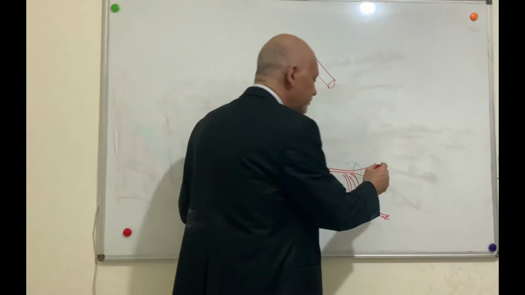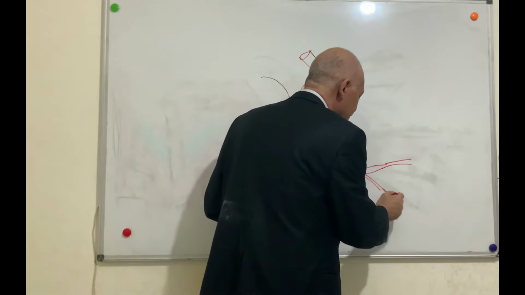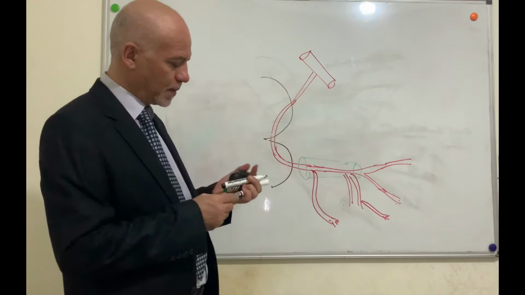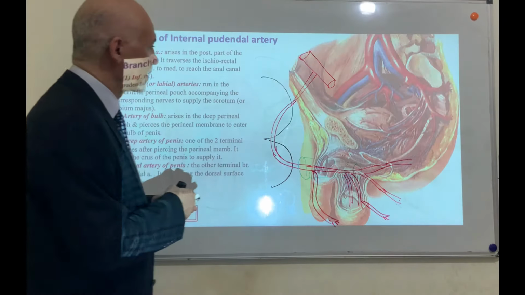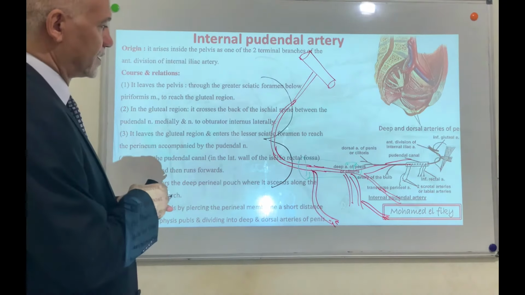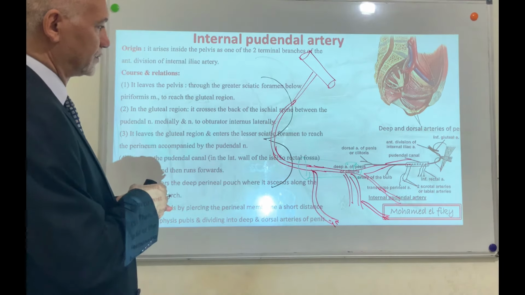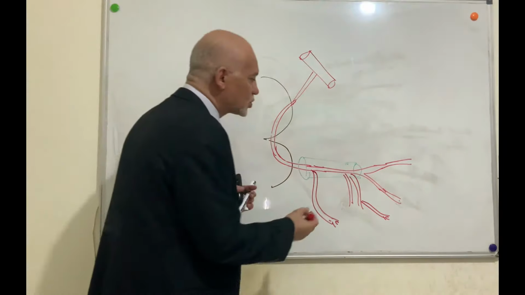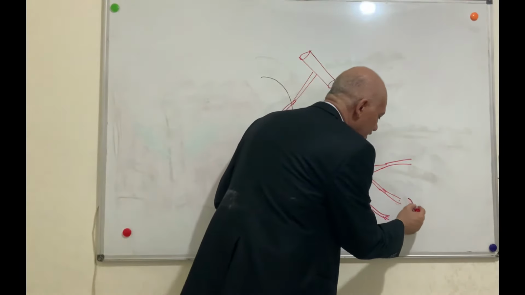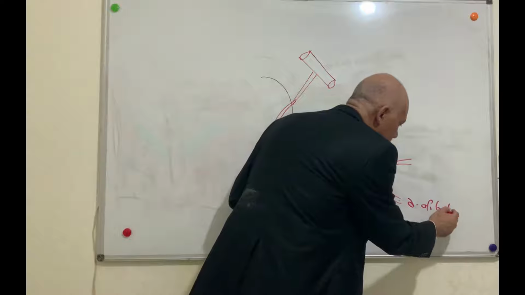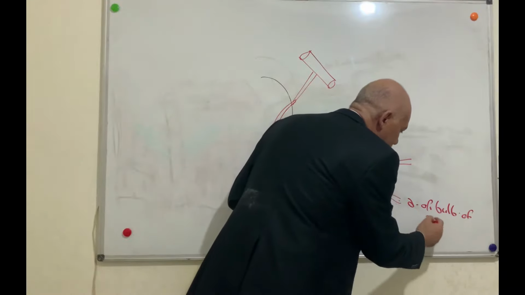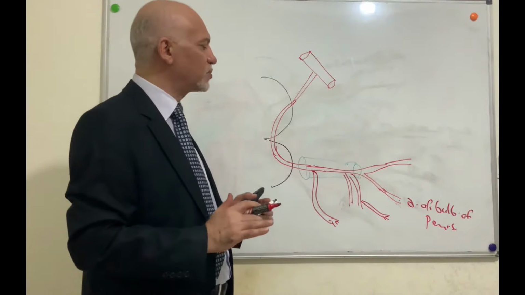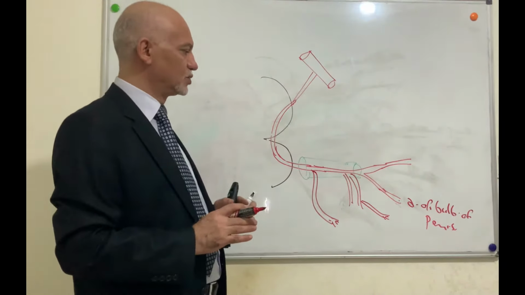It also gives what's called the artery of the bulb of the penis, or in the female the artery of the bulb of the vestibule.